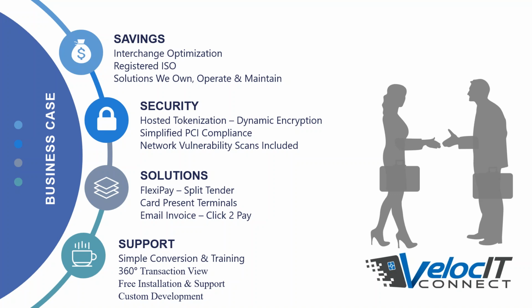I don't want to get too technical. I want to keep this very high level, but the key here is we are PCI compliant, and we're using the most advanced encryption technology and the most advanced hosted tokenization platform available today.